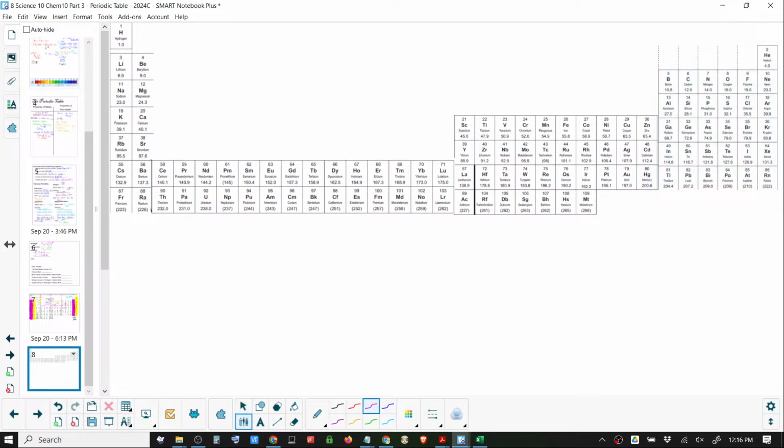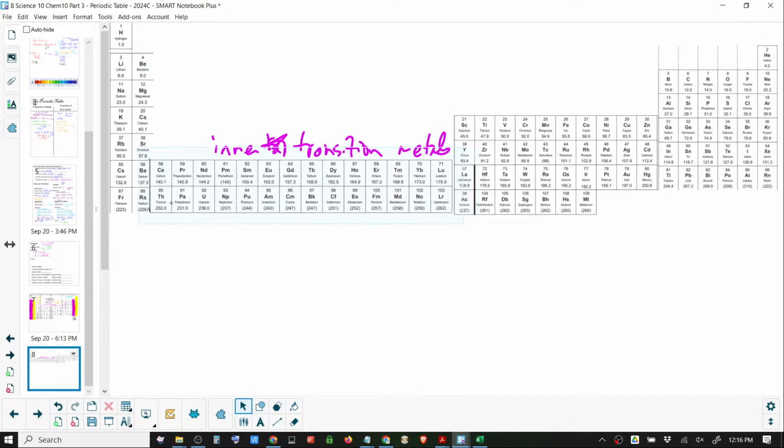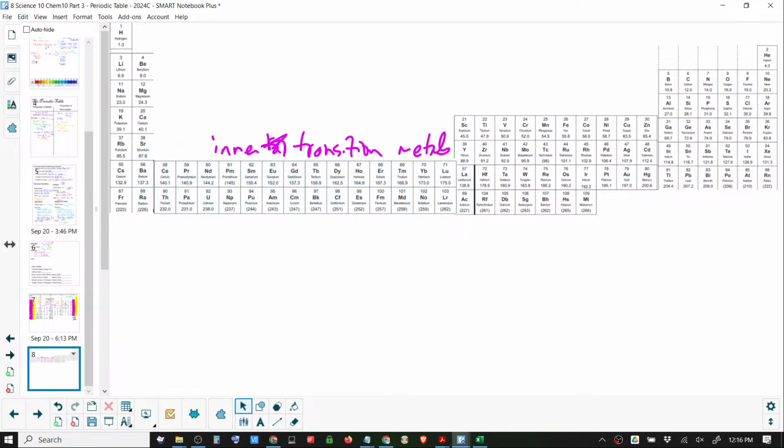So we have alkali metals, alkaline earth, inner transition metals. Or, as you said, the lanthanides and actinides. Oh, hold it. We're literally missing lanthanide and actinide on my model. I think I accidentally cut them off because 57 and 89 are missing. And then it stretches out.